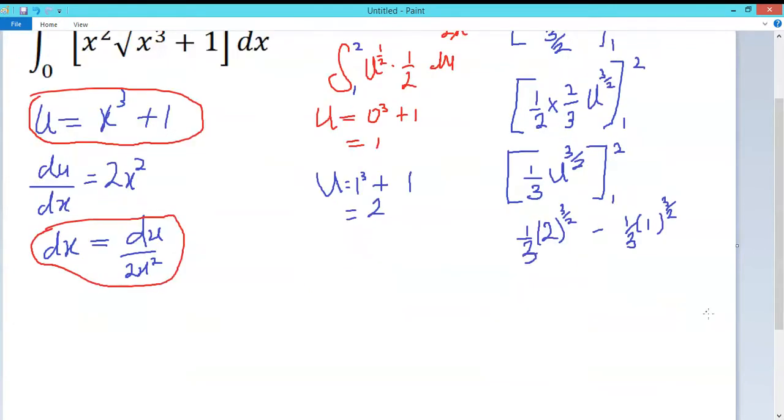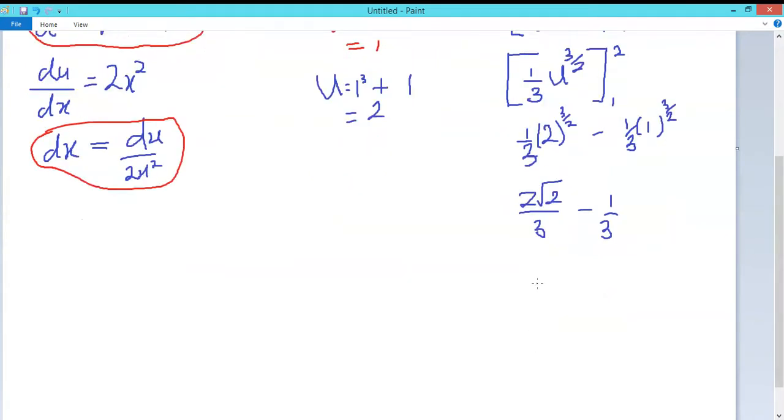Then we simplify the expression further. 2 raised to the power 3 over 2, divided by 3. Simplifying further, we will have 2 root 2 over 3 minus 1 over 3.